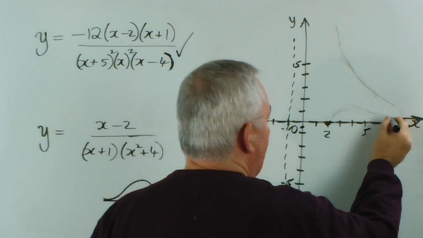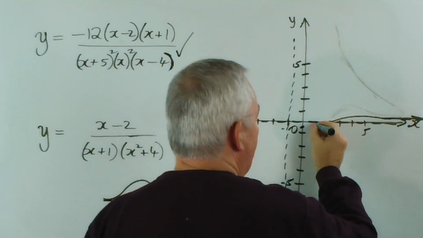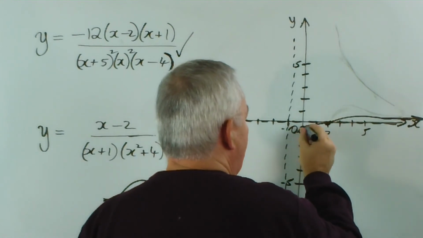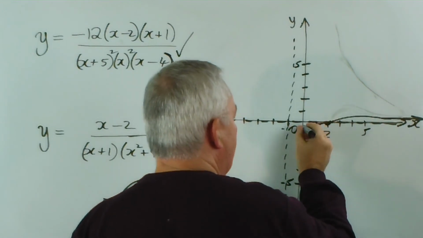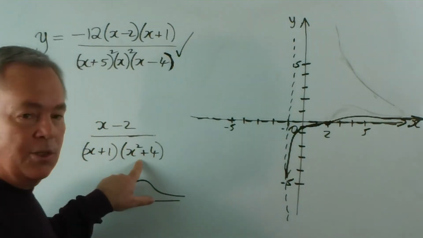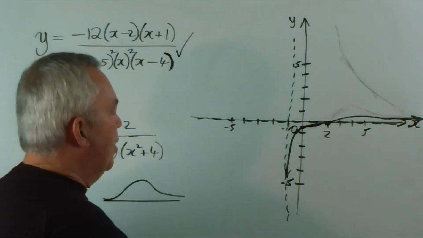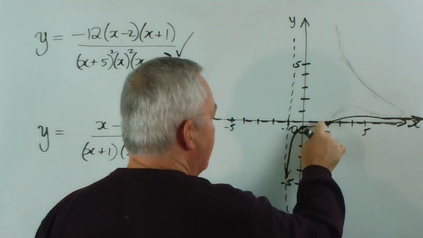I think this will be coming up and just diving through really gently and coming down. Now, it could be there's a little bit of an S-bend or a little bump as it goes down here, thanks to this expression, this little term here. And to find out what's exactly happening, you would probably have to substitute some values.